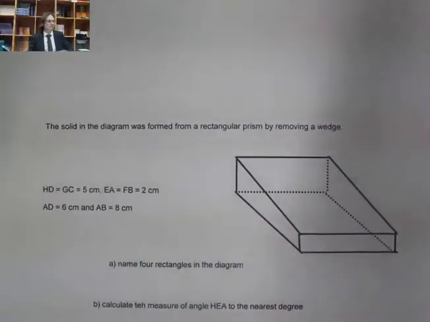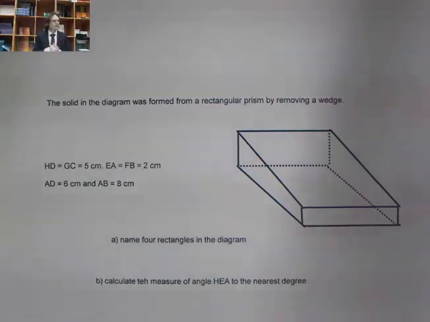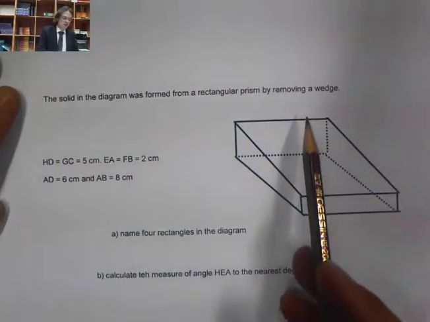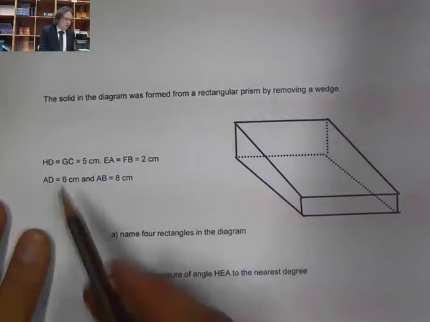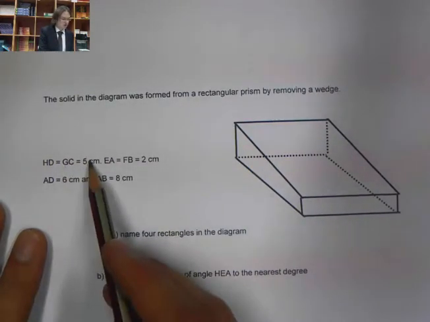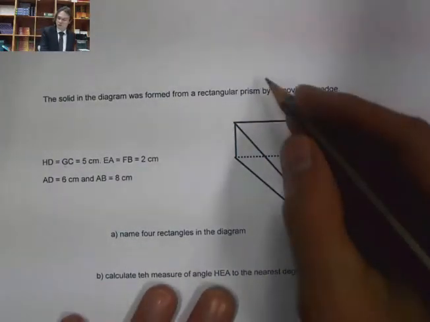Alright. Now, here we're looking at a 3D object, which might make it a little bit more complicated. It says the solid in the diagram is a rectangular prism with a wedge removed. Okay? So right here we say HD is equal to GC, which is equal to 5 centimeters. So I'm just going to first, because it's not quite labeled here, label everything.